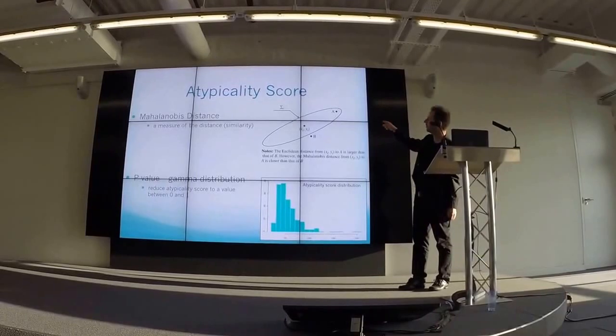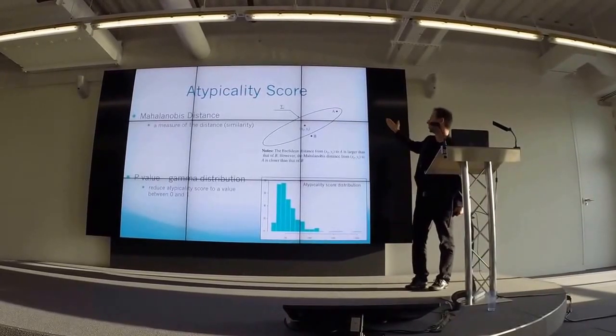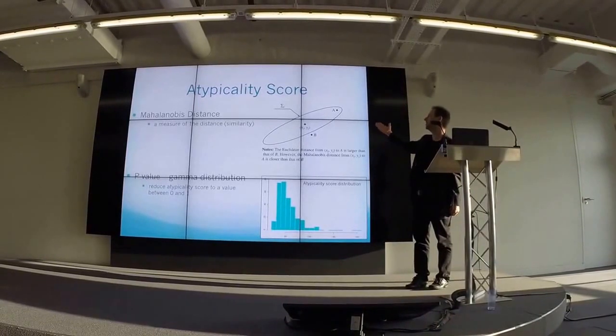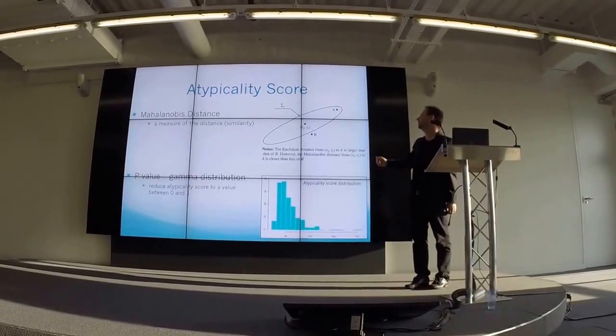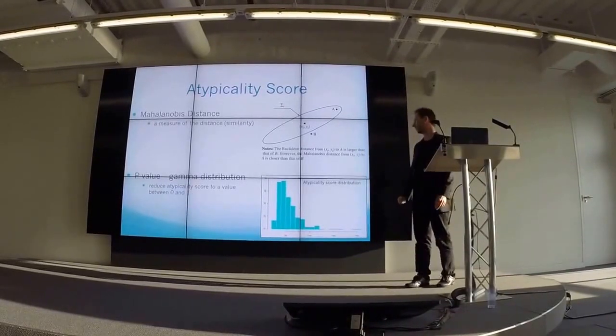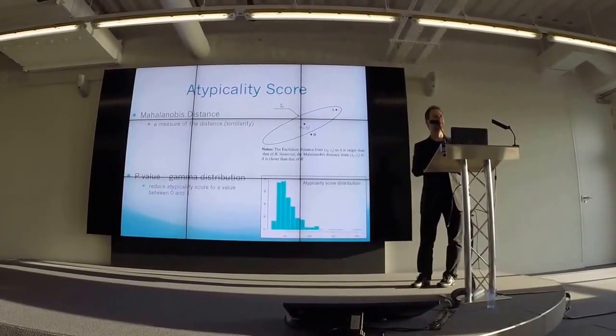But if you look at the shape of the distribution, actually A is more similar to the distribution than B. That's what Mahalanobis distance does. Does that make sense?